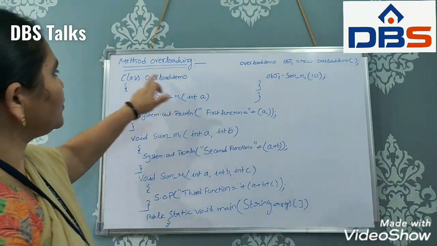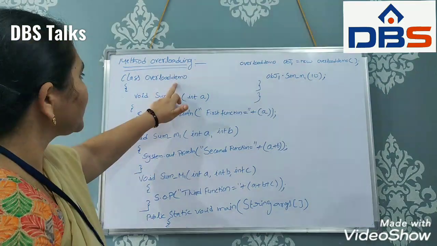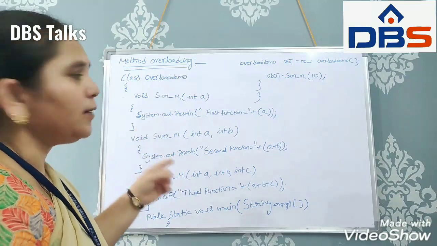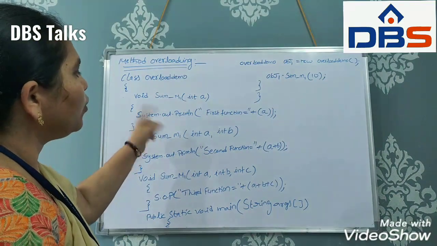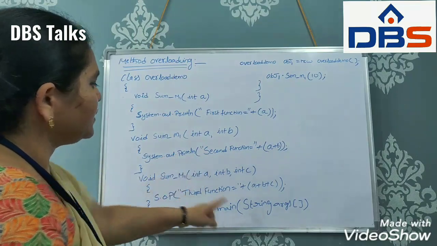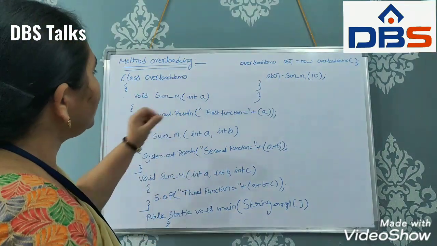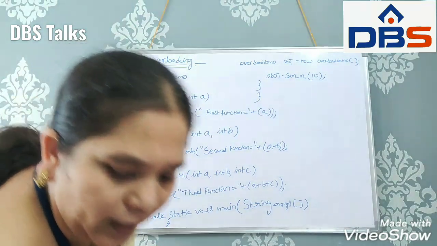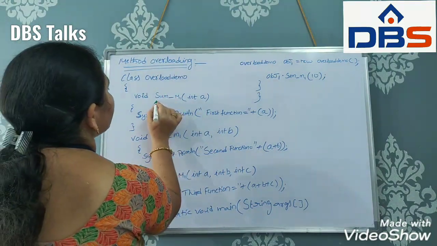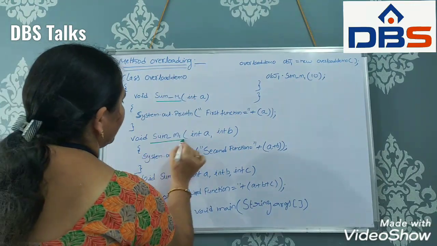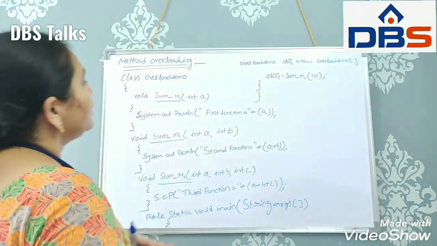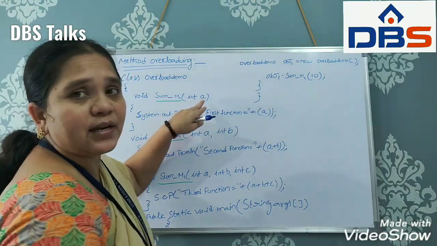Here I am using the class OverloadDemo. In this class I am creating many methods, more than one method. These all methods are with the same name, sum_m1, sum_m1, sum_m1, but with different signatures.